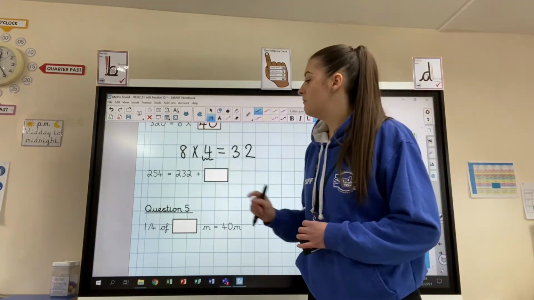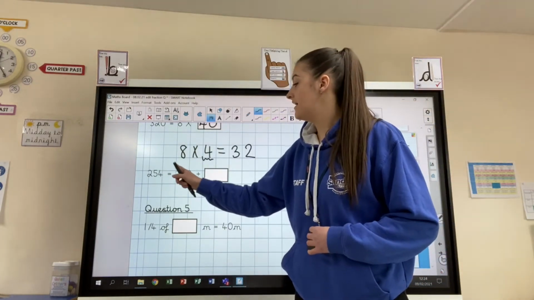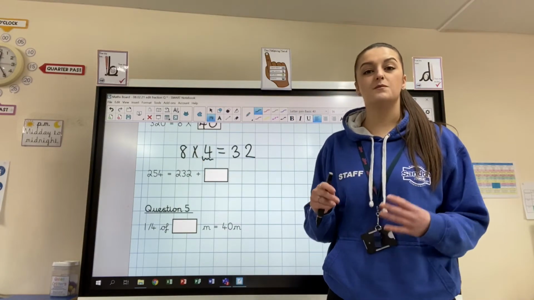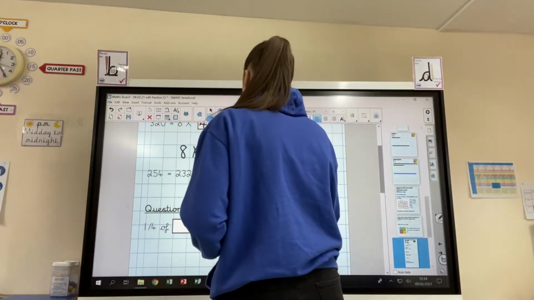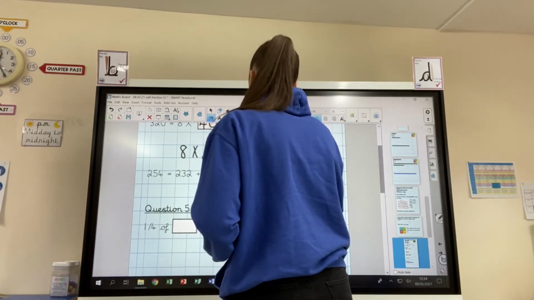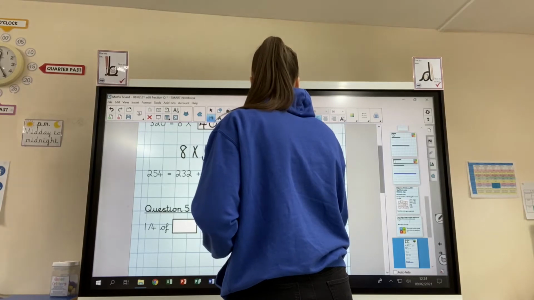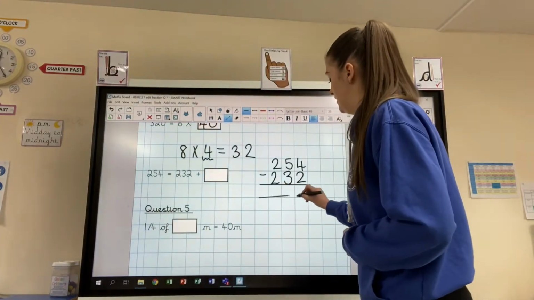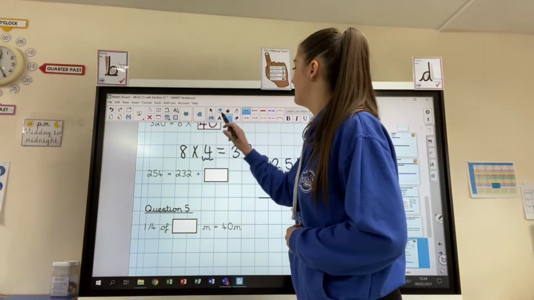So some of you might count back, okay, from 54 to 32 to find the difference, but I'm just going to pop that in a column subtraction. So lots of us have been doing really well with column subtraction at home. So I'm going to subtract to find the difference. I'm doing the inverse operation. So I've laid my numbers out in place value.